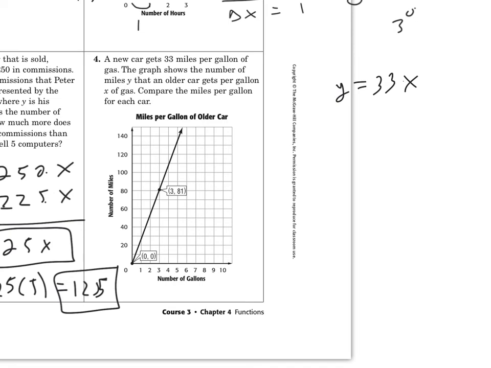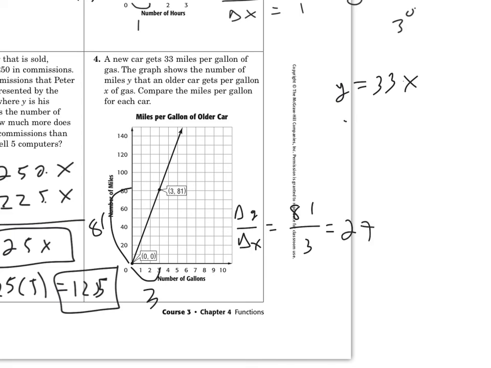Well, let's see here. This number is changing 3, and this number is changing 81. So our slope, our change in y over our change in x, is going to be 81 over 3, which is 27.